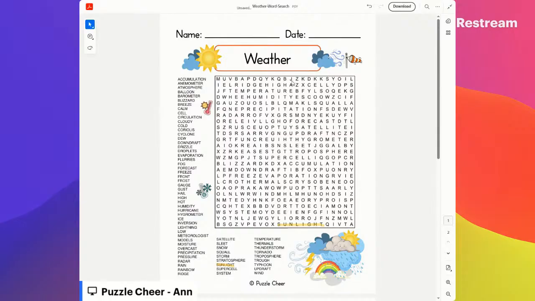All right. I see forecast horizontally on the right-hand side of the puzzle, sort of in the top. And then right below that, I see satellite. So we have forecast, and right below that is satellite.